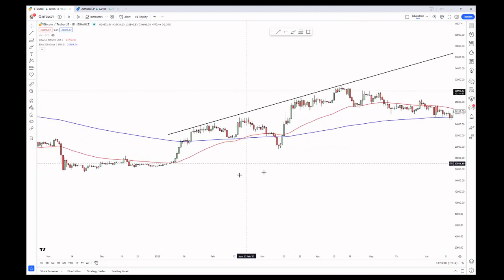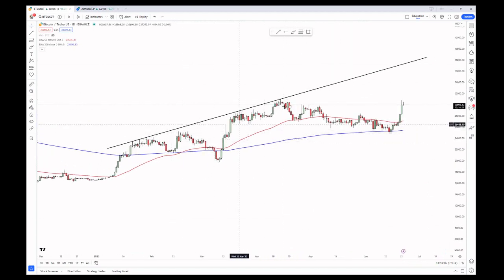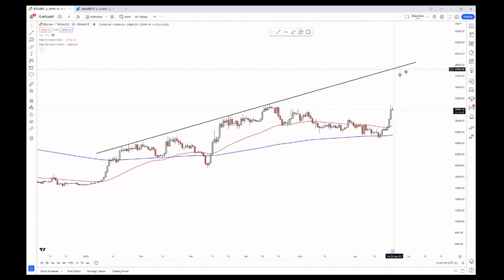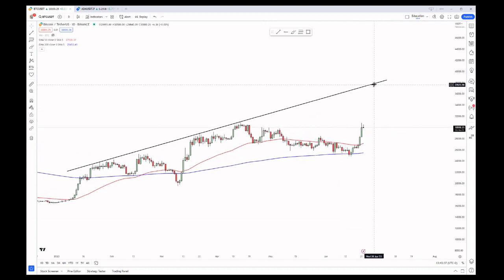Because as you can see here, we have 1, 2, 3, 4 taps. This also means that resistance will become less. So there's a possibility next time it comes to this trend line, you just have to watch if it can break through or if it rejects again.